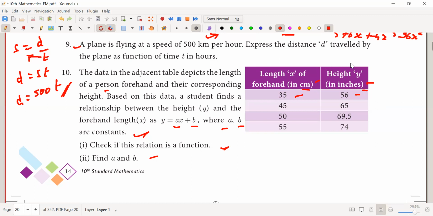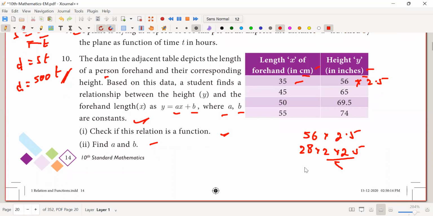Divided by 6, you'll be getting 2.5. So we have to multiply this with 2.5. So 28 into 5: 56 into 2.5 can be converted into 28 into 2 into 2.5, which is 28 into 5, that is 140.